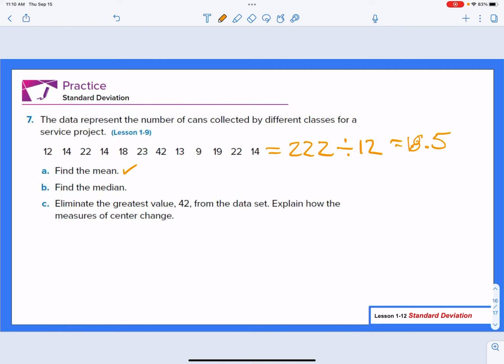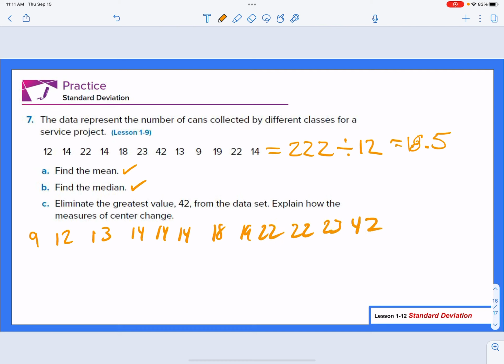For the median, I need to put all those in order. So I have 9, 12, 13, 14, 14, 14, 18, 19, 22, 22, 23, and 42. The middle happens right here between 14 and 18. So the median is going to be 16 right there in the middle.